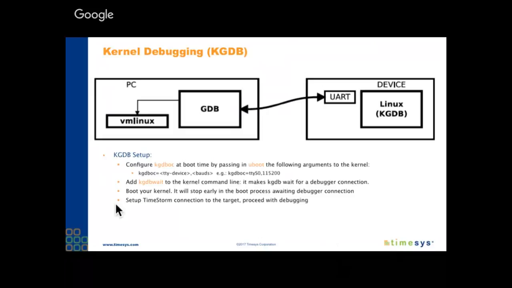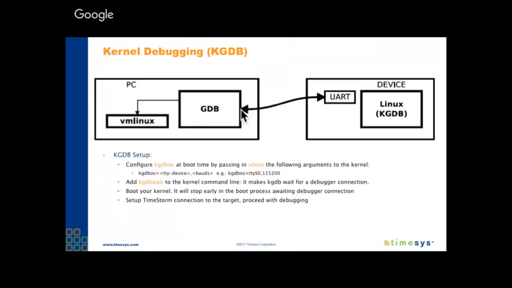Kernel debugging. To debug a Linux kernel, we are going to use on our host a GDB that is part of the software development kit. It has to be a cross GDB. And we're going to have a vmlinux that contains the symbols that GDB can load into the local memory and access those different symbols while we debug.